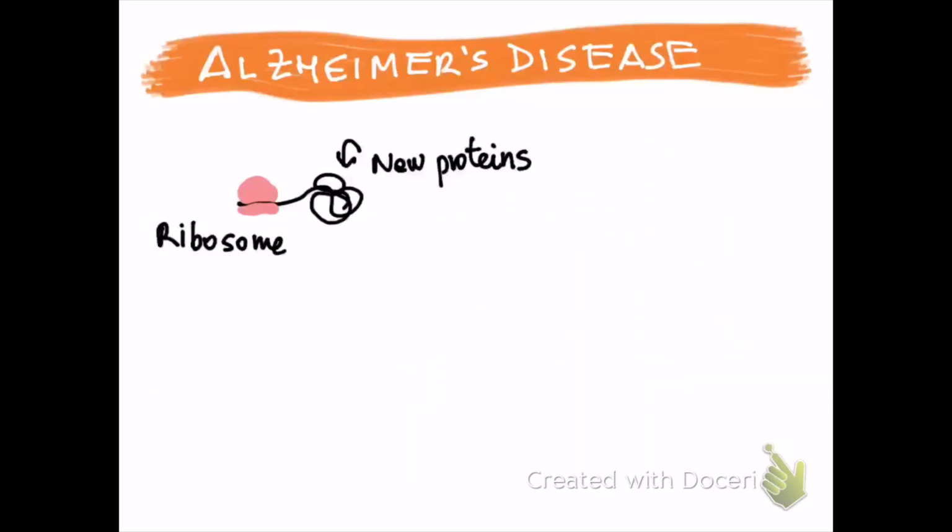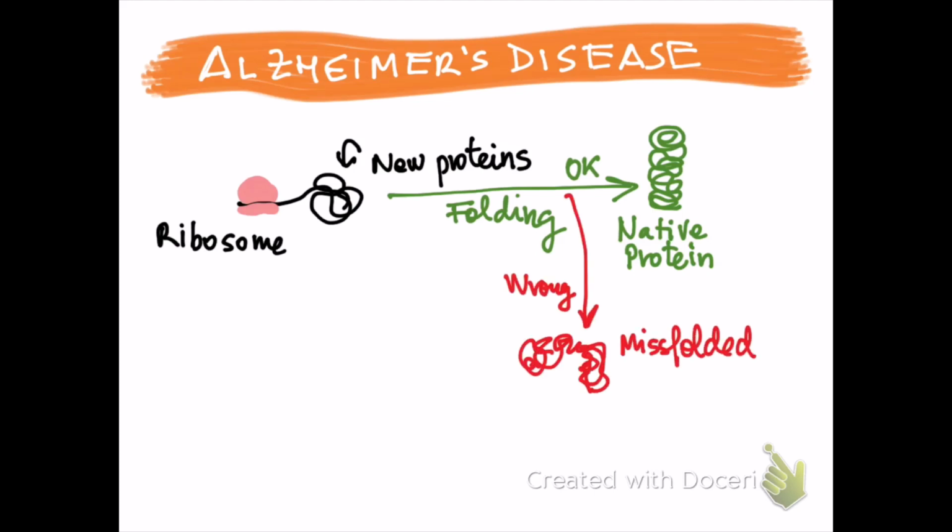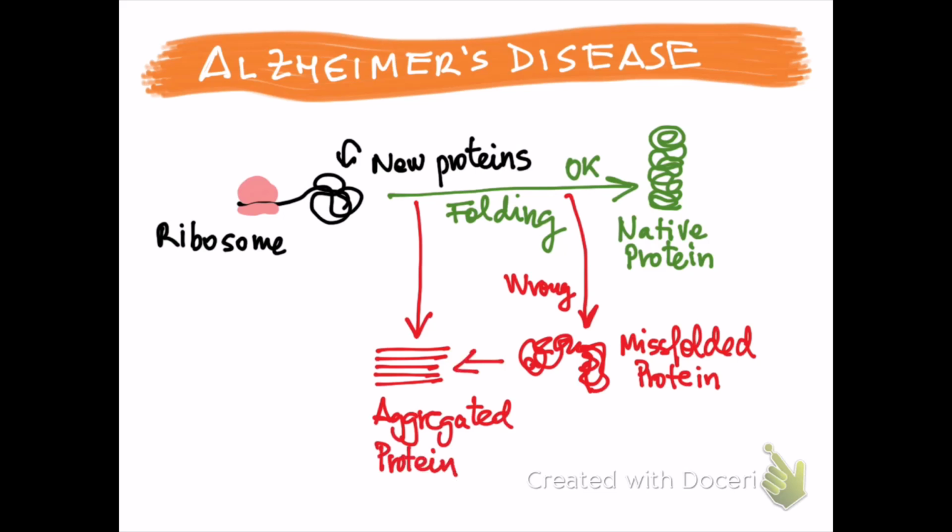An accumulation of protein in neurons causes neurodegenerative diseases. Under normal conditions, the ribosome produces new protein that, after correct folding, adopts the final native form. In some cases, this folding process produces poorly folded or misfolded protein. Sometimes this protein can aggregate and deposit in neurons if it is not degraded by autophagy or the proteasome.